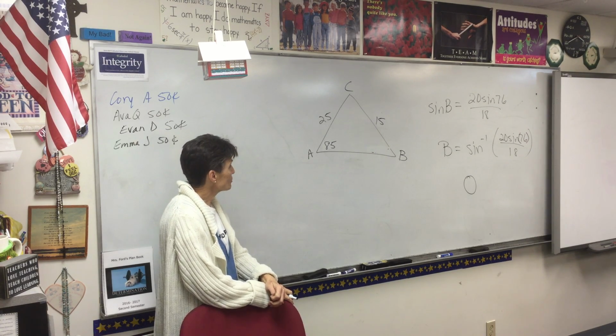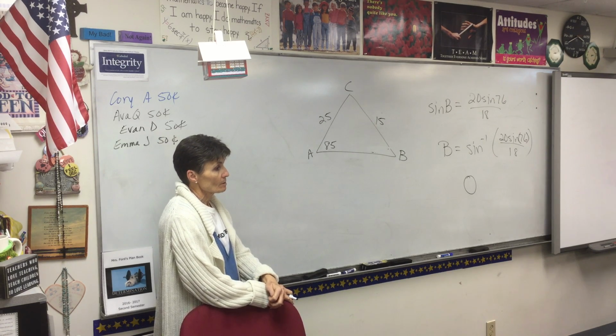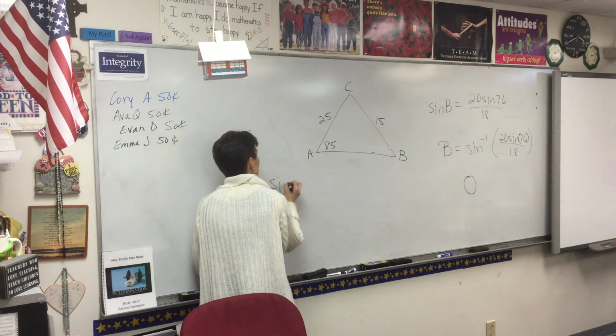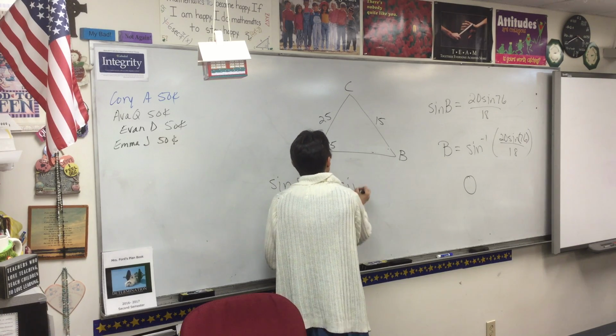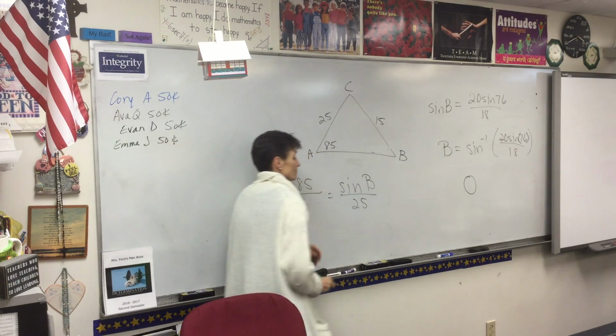Directions say how many triangles are possible. So what's our setup? Sine 85 over 15 equals sine B over 25.